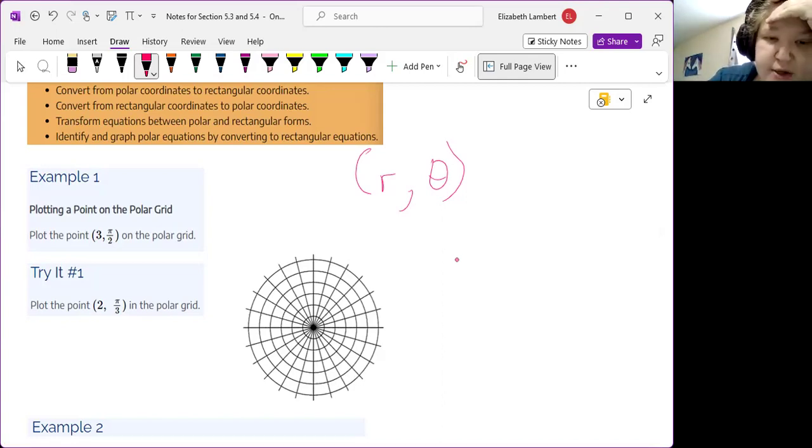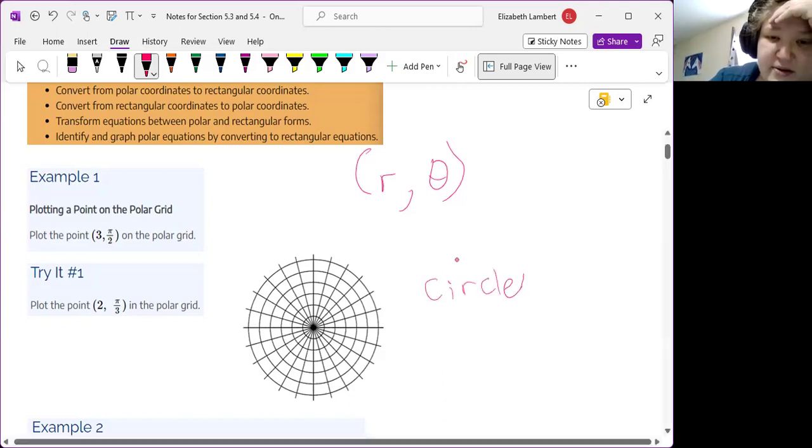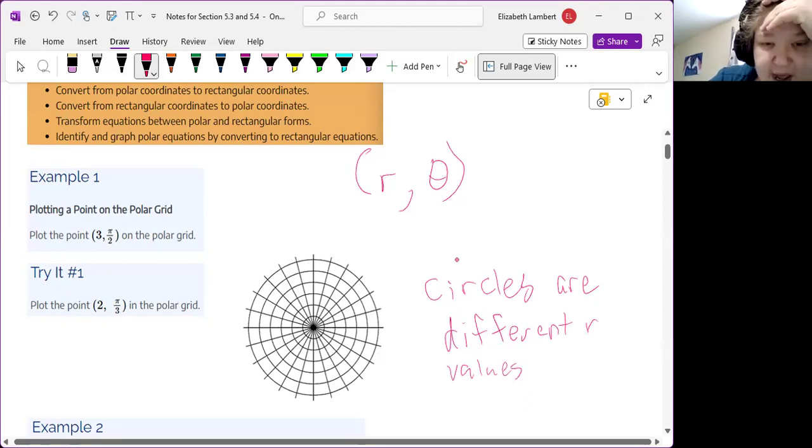So on our grid here, the concentric circles are radiuses. So we have 1, 2, 3, 4, 5, 6.